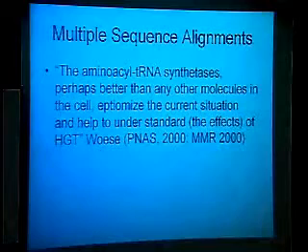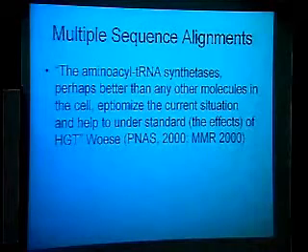I'll explain in a moment what these aminoacyl-tRNA synthetases do. They're responsible for loading the amino acids onto the tRNA that is used to produce the proteins in the ribosome.